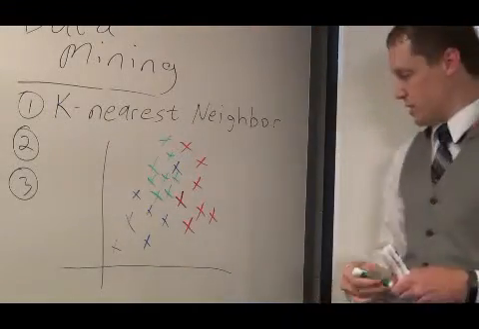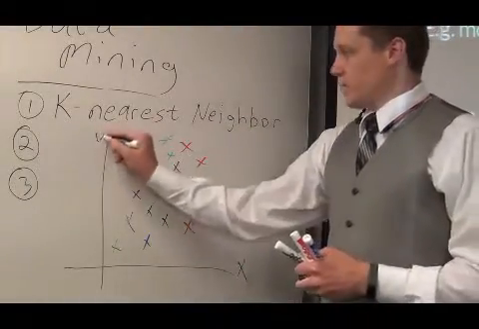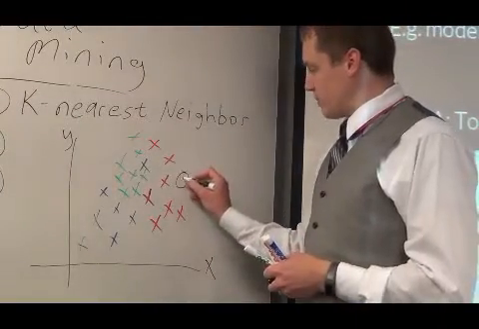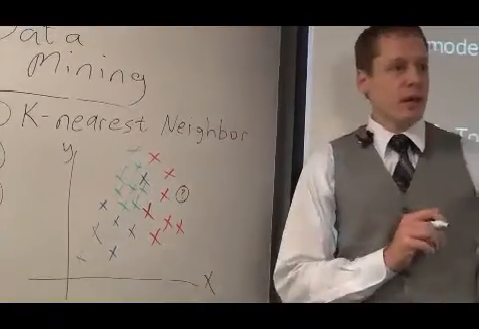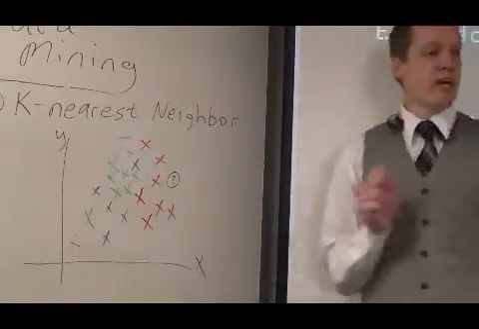So this is some x-axis, some y-axis. And what we're trying to do is say we have a new data item over here, and we're trying to figure out, should that data item be classified as blue, green, or red?